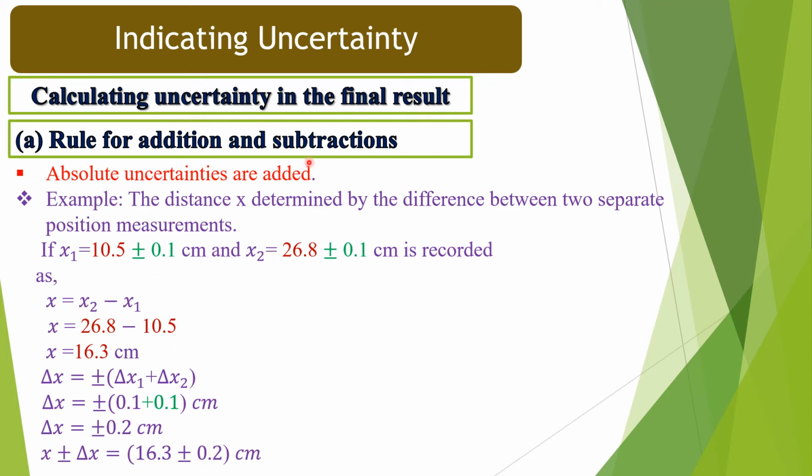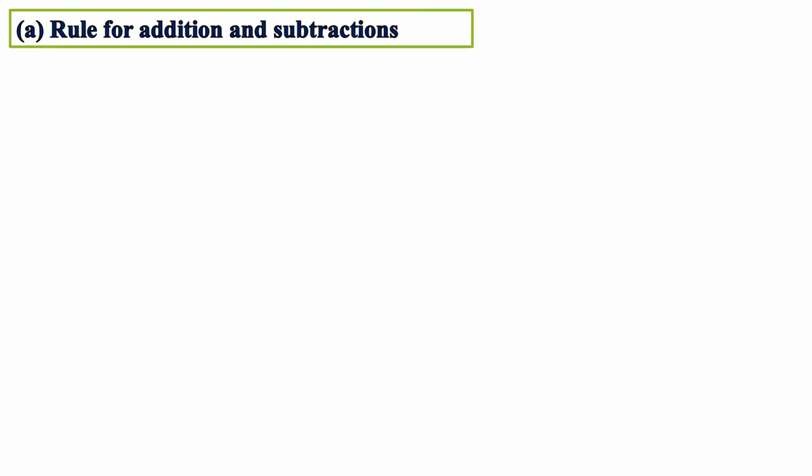So by adding both uncertainties we will get the uncertainty in the final result where we add the measured values. But in this experiment we did subtraction and calculated the uncertainty in the final measurement. The same process can be done for adding the values. Rule for addition and subtraction.